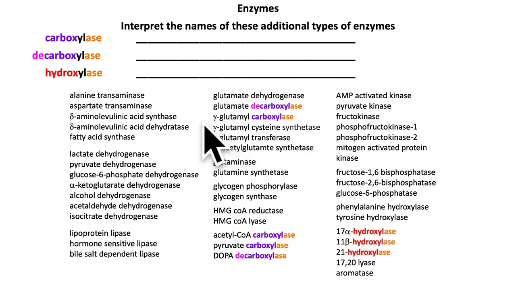Or how about glutamyl carboxylase? You don't need to memorize this stuff. Interpret the names, as well as you can interpret hydroxylase. Notice, not hydrolase, hydroxylase. Fill in the blanks to describe exactly what you think they do, but I want to move on.